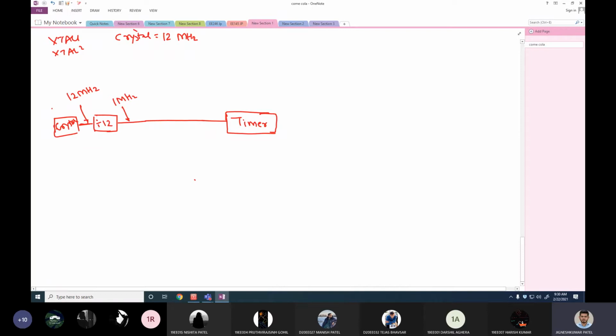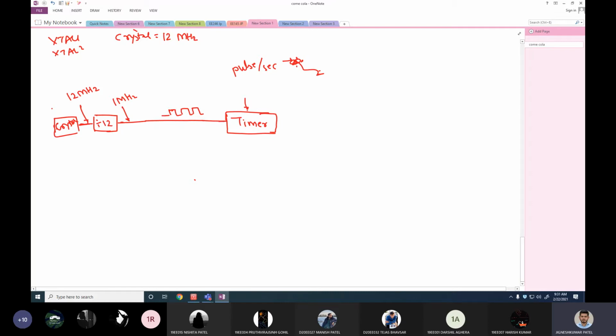Now, if you have to calculate the number of pulses per second, what would be the incoming pulse rate for the timer? So this is my frequency input. Can you calculate it? Yes. How are you going to calculate it? Very simple. You know the input frequency to the timer.